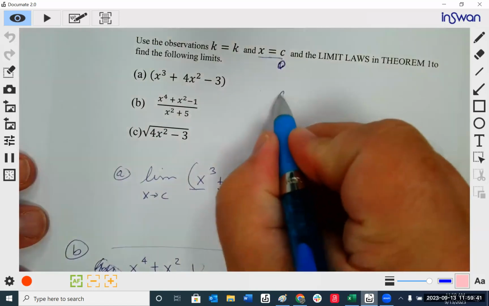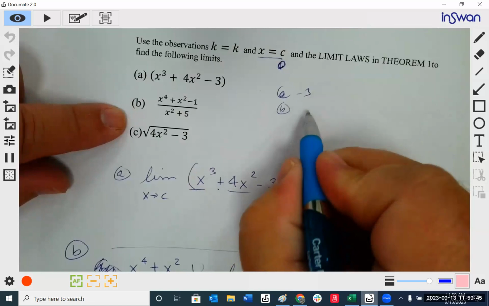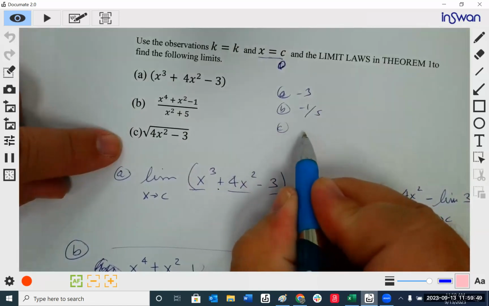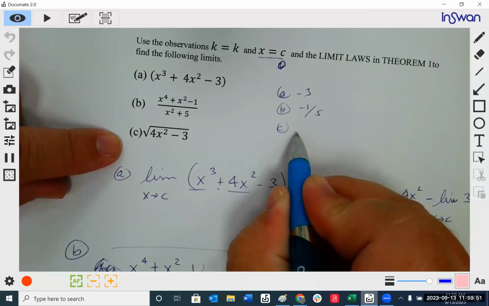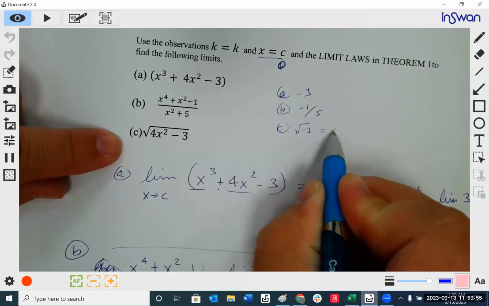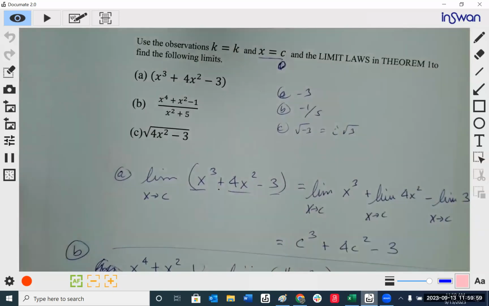It'll be -3, -1.5, right? It'd be, it's imaginary. So that's your first step.